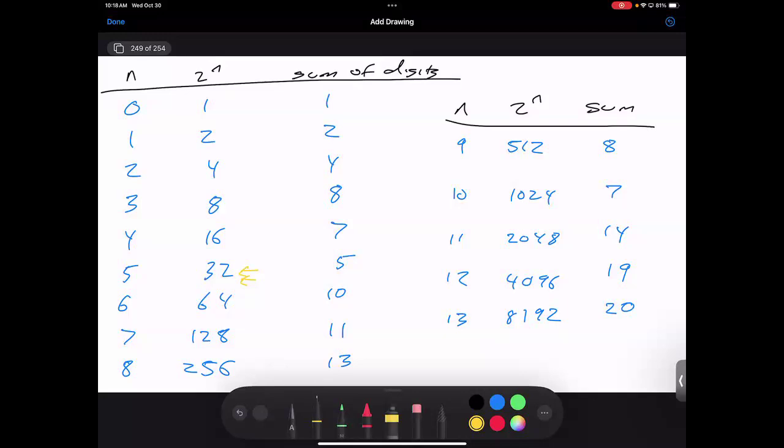If I just look at the last digit of the number, it's 2486 2486 2486. Okay, so we're seeing the cyclic pattern there.